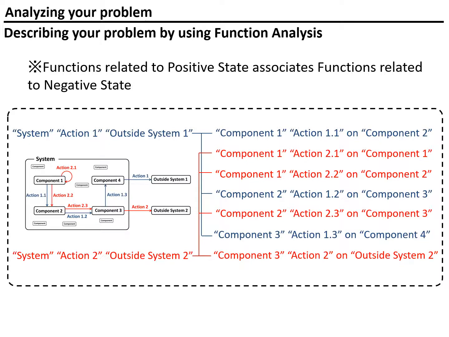Most likely, what happens is that the functions related to the positive state and negative state are actually generated together. So one of them happens, accompanied by another function which is related to the negative state.